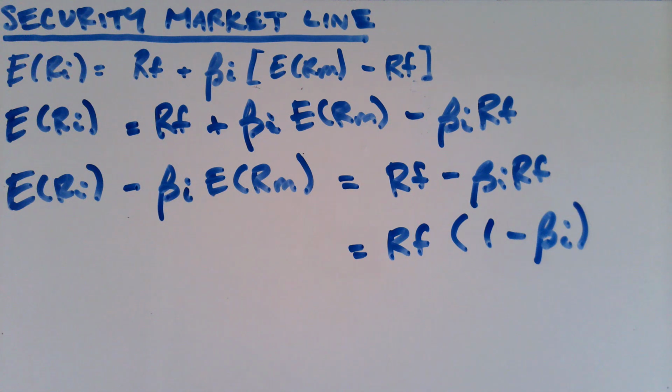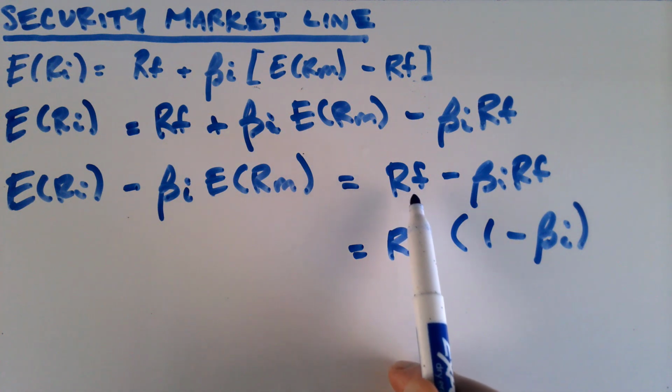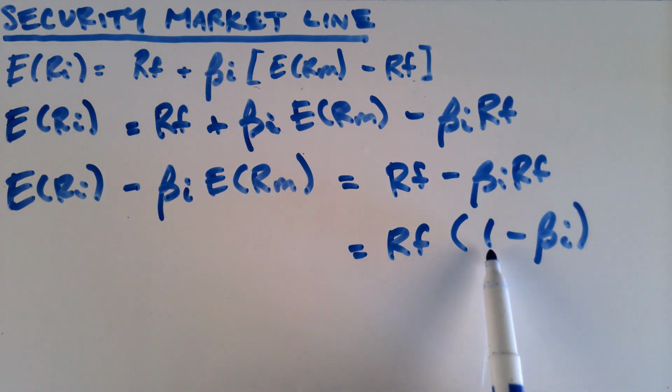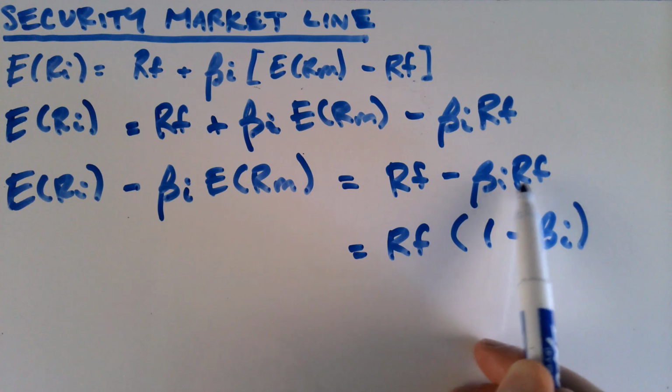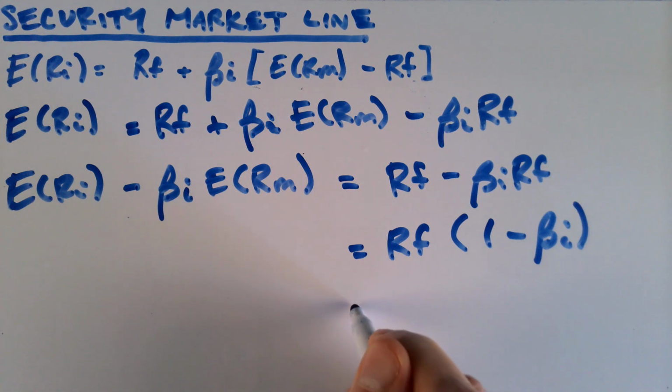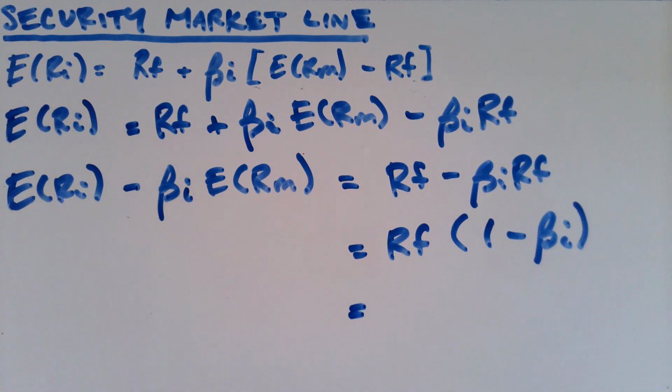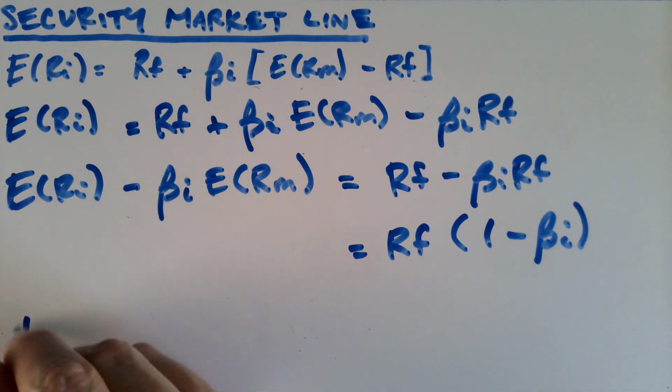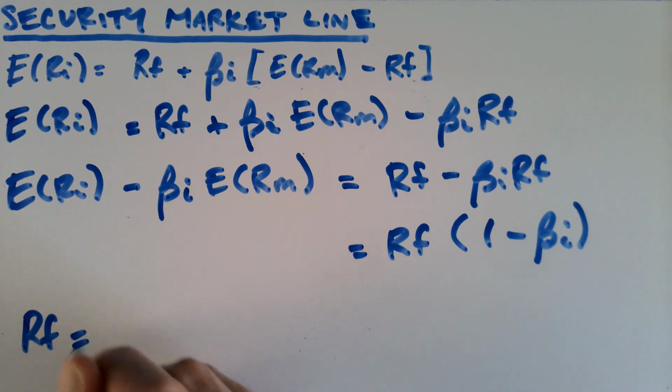Remember when you're factoring out to always divide all of these terms by the thing you're factoring out. And R sub f divided by R sub f is simply 1. Beta I times R sub f is just beta I. Now let's do one more step and divide both sides by 1 minus beta sub I. And as is my usual practice, I will put the variable of interest on the left-hand side.